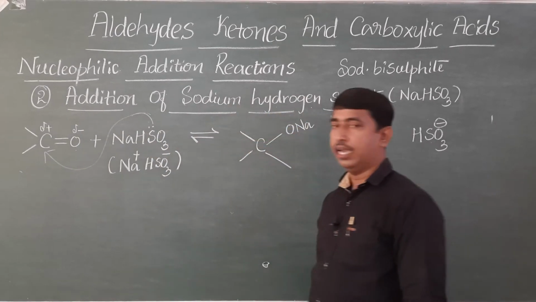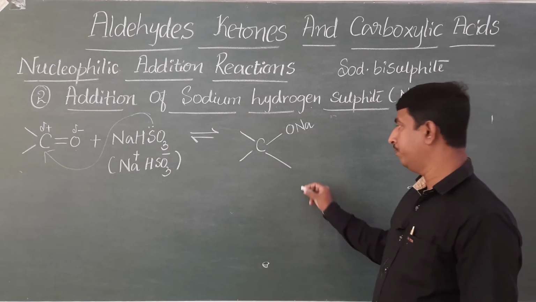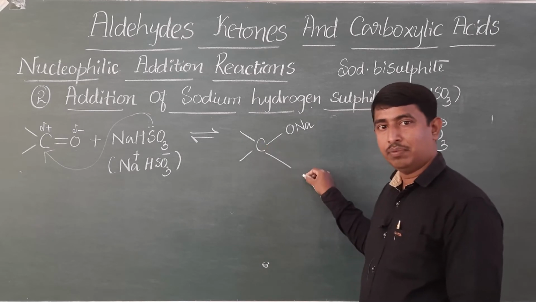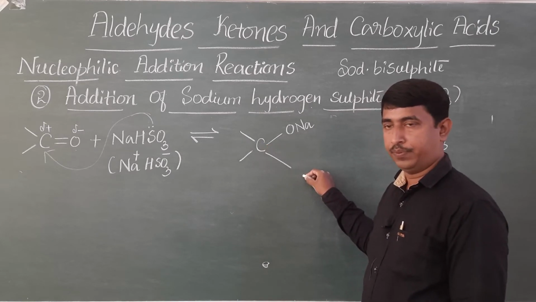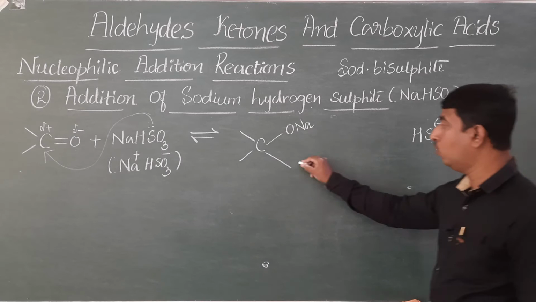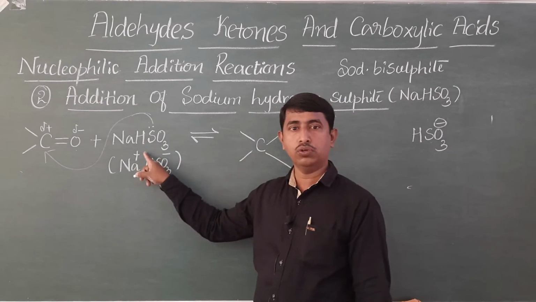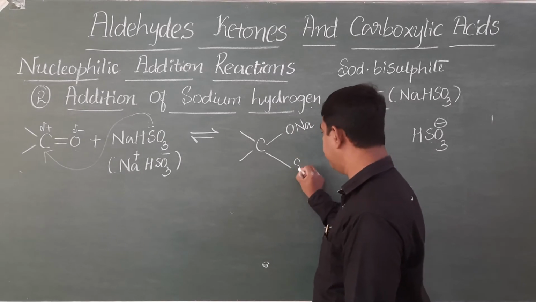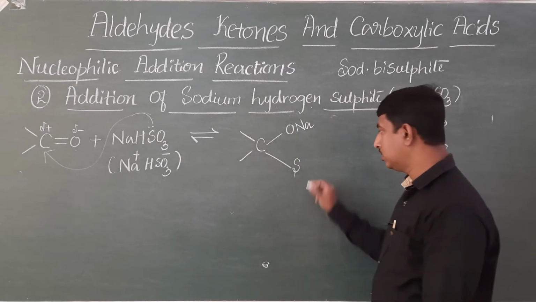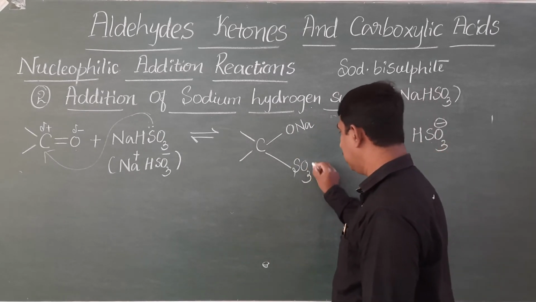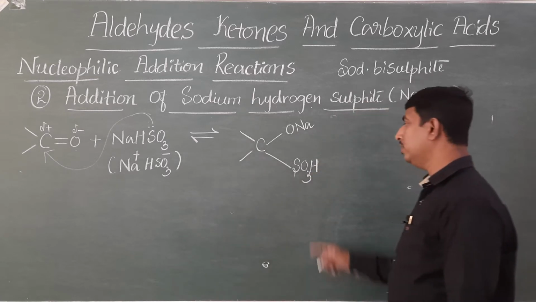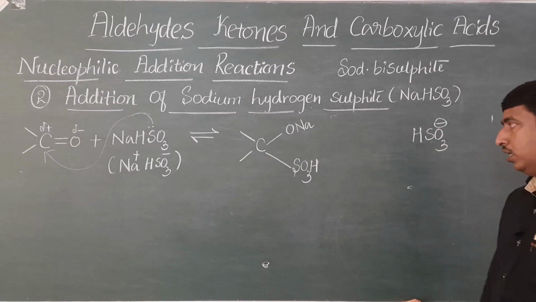If it were attacked by oxygen, I would have to write O first. Here nucleophilic attack takes place through sulfur, so write sulfur first: SO3H, with hydrogen at the terminal end.